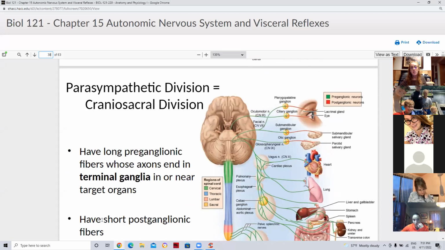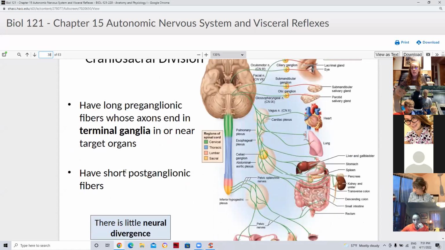In comparison to the sympathetic nervous system, they have long preganglionic fibers where the axons are going to end in terminal ganglia in or near the target organs. And because the terminal ganglia are in or near the target organs, as a result, we're going to have short postganglionic fibers.